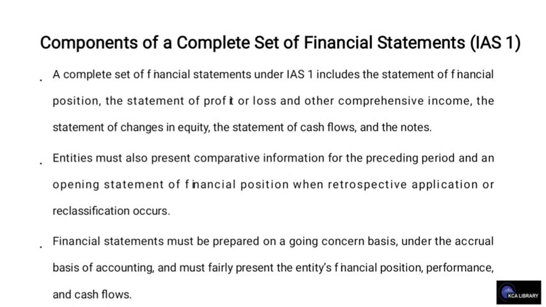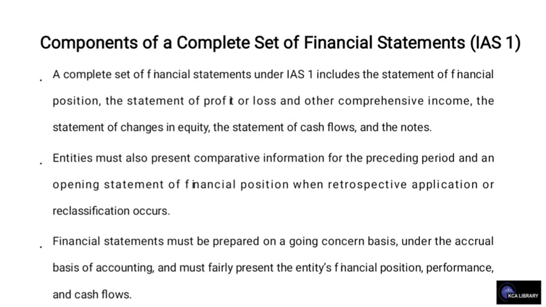The components of a complete set of financial statements are found in IAS 1. A complete set of financial statements under IAS 1 includes the statement of financial position, the statement of profit and loss and other comprehensive income, the statement of changes in equity, the statement of cash flow, and the notes to the financial statements.